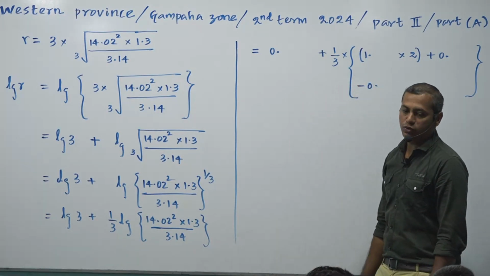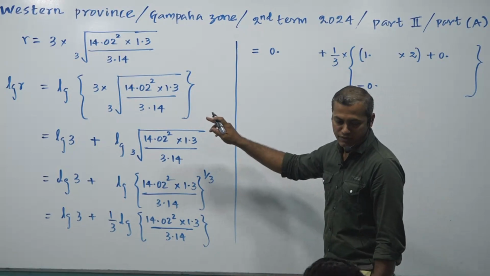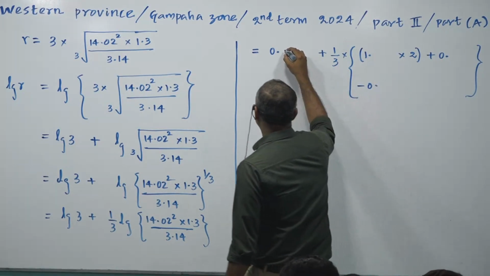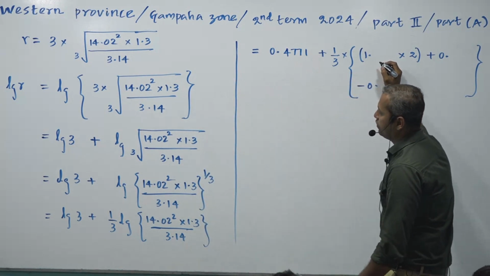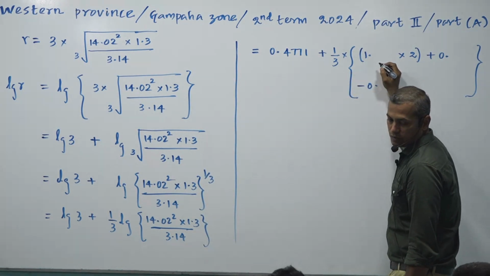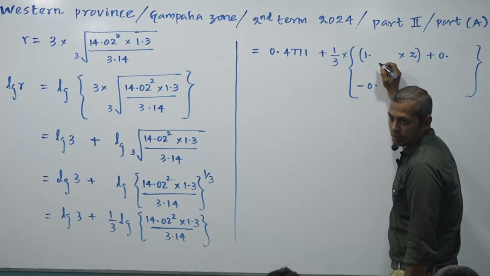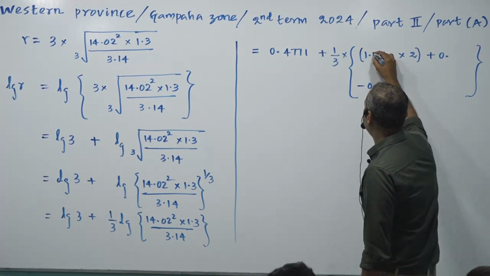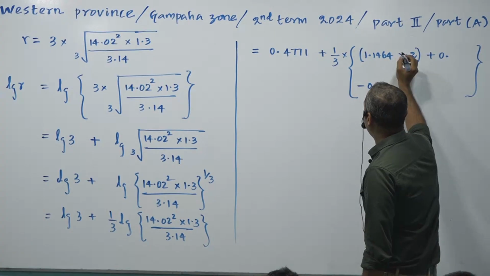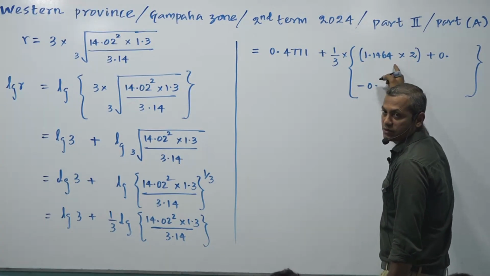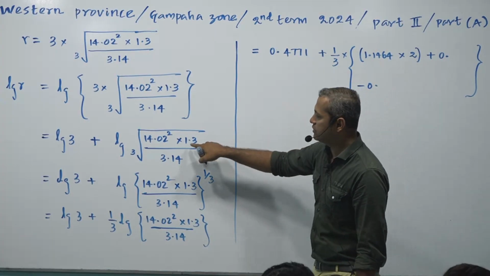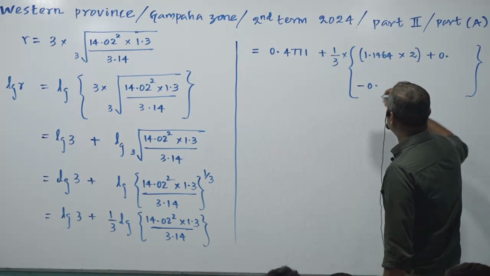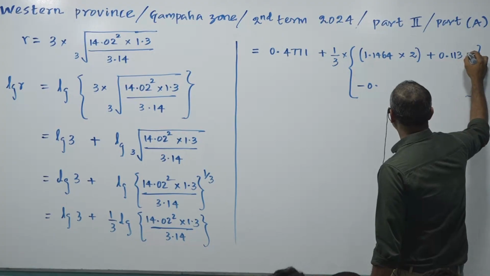If you go through the log table, you can find the values. Can you quickly find the values and tell me? 4771, 1402, 1464. Check these answers. 1464, then 13 and 0, 11, 39.